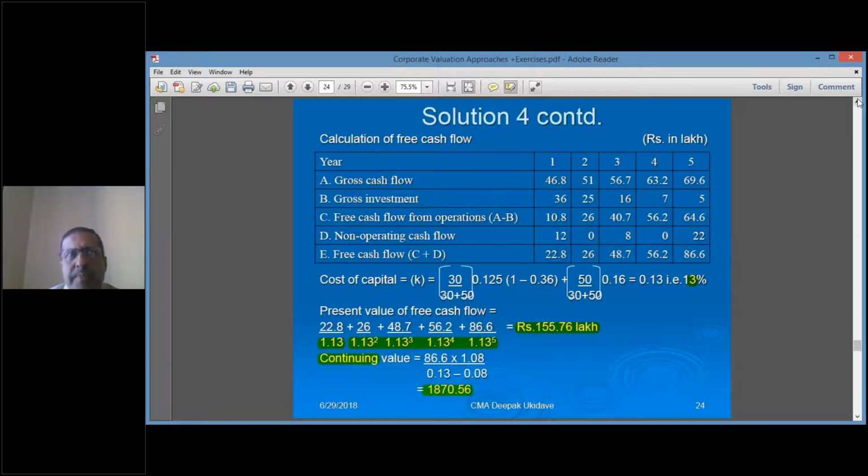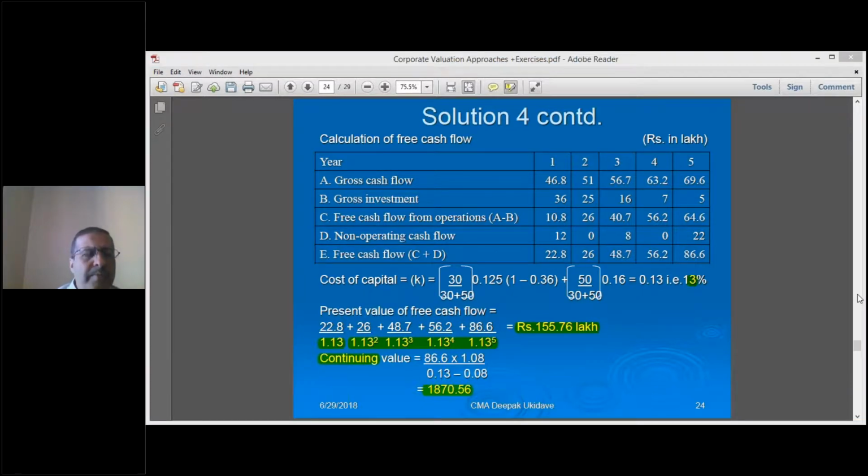That's all in total. Next line you write FCFF, free cash flow to firm भी लिखो जरा. Free cash flow to firm plus non-operating cash flow लिखने के बाद लिखो is equal to FCFF, free cash flow to firm, and you write FCFF is the basis for discounting.